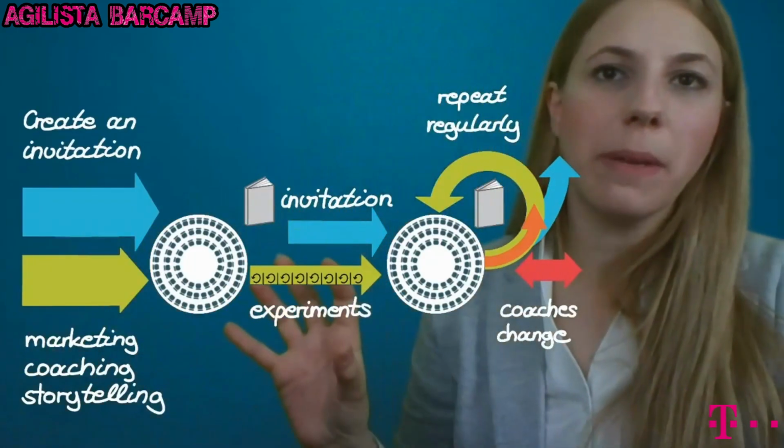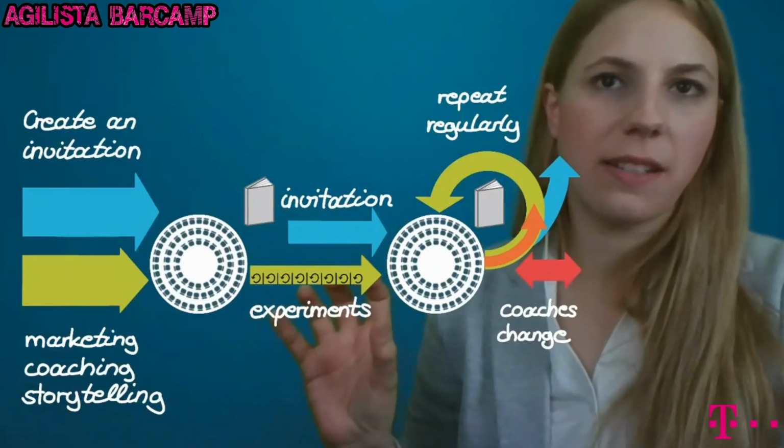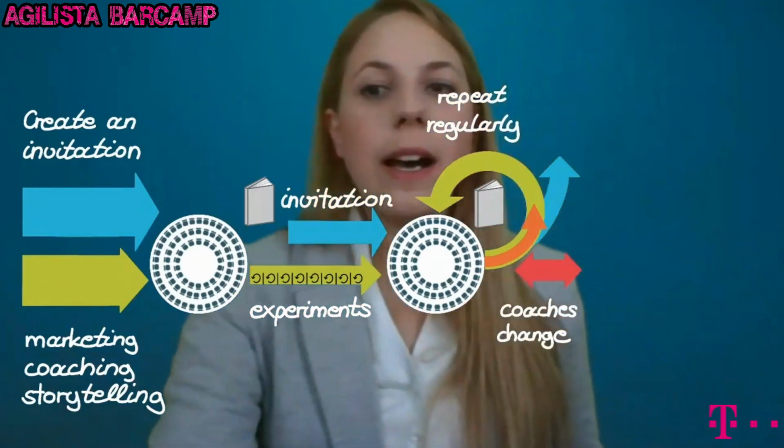Experiments and ideas are decided, but actually in our company, they like to go back to their teams with the ideas they have and what they wanted to do, but they don't want to decide in the open space because some people are missing there.